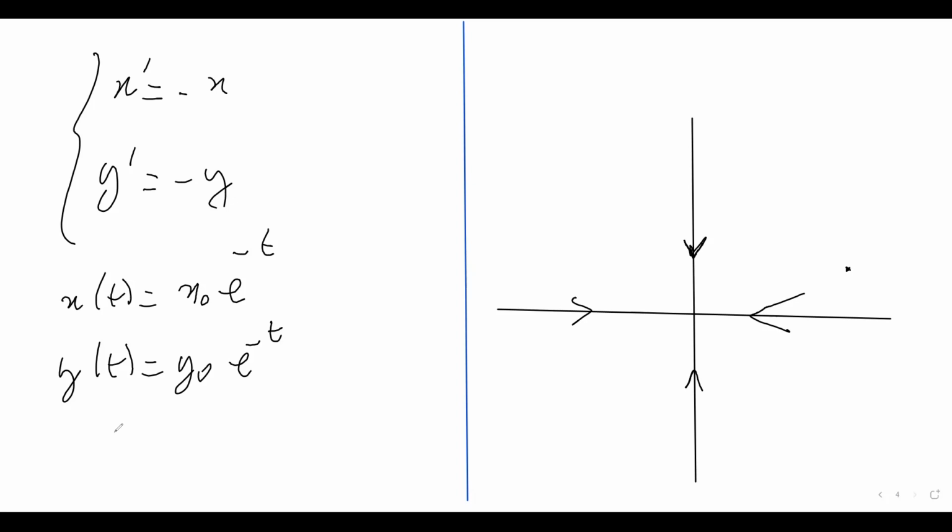What do you get? You get that y of t equals x of t divided by x0, times y0. So y is a linear function of x, with this coefficient.